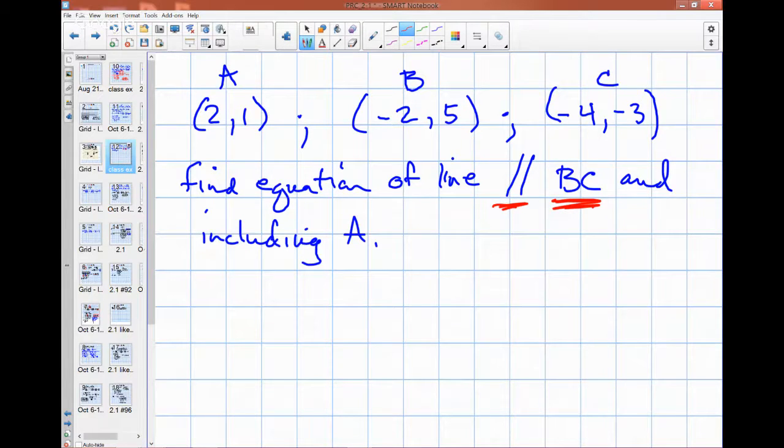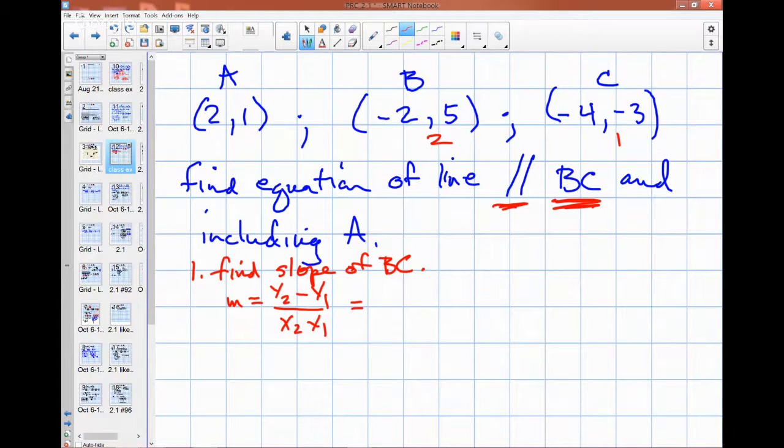All right, so step 1, find the slope of BC. So we know that M equals y2 minus y1 over x2 minus x1. Let's call this point 2 and this point 1.